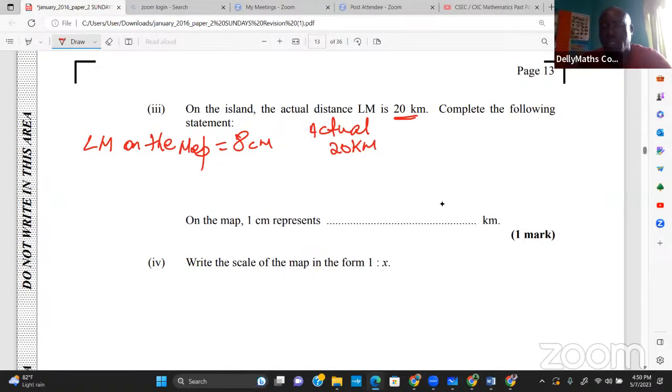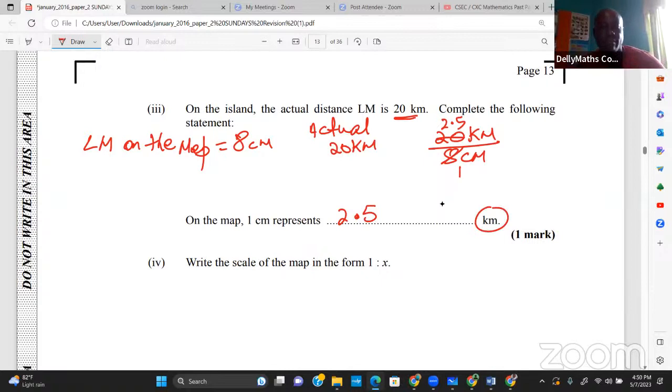So let's divide our 20 km by 8 cm. 8 into itself, 1. So 1 centimeter is at the bottom. You want to put 8 into 20, and that looks like 2.5 to me. Yes, 20 divided by 8, 2.5. So 1 centimeter is 2.5 kilometers.